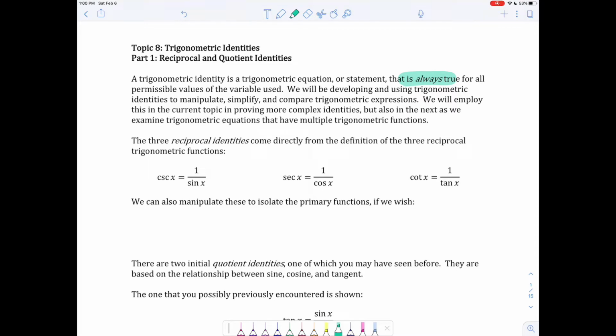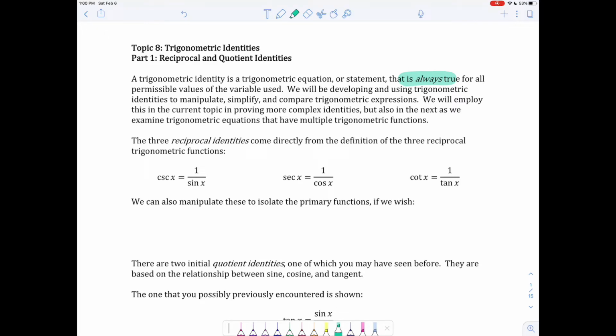But first, we need to talk about the three reciprocal identities. Now, we have looked at sine, cosine, and tangent. There are secondary trig functions as well.